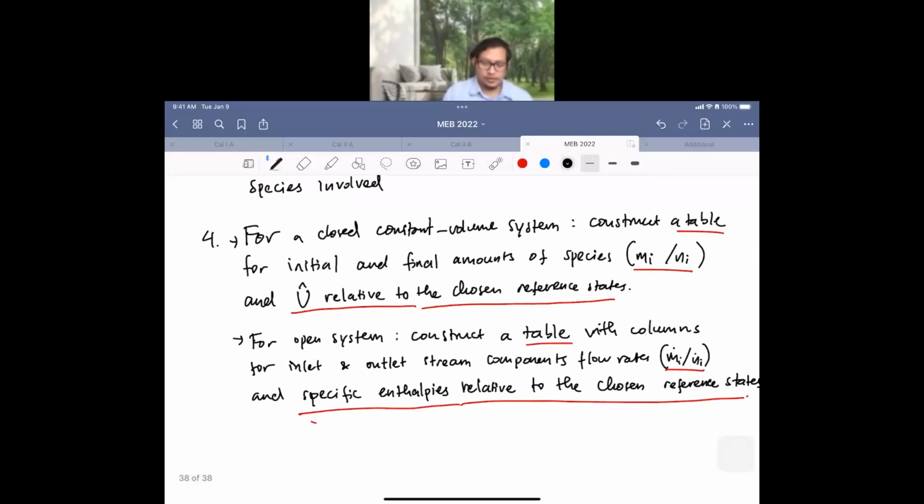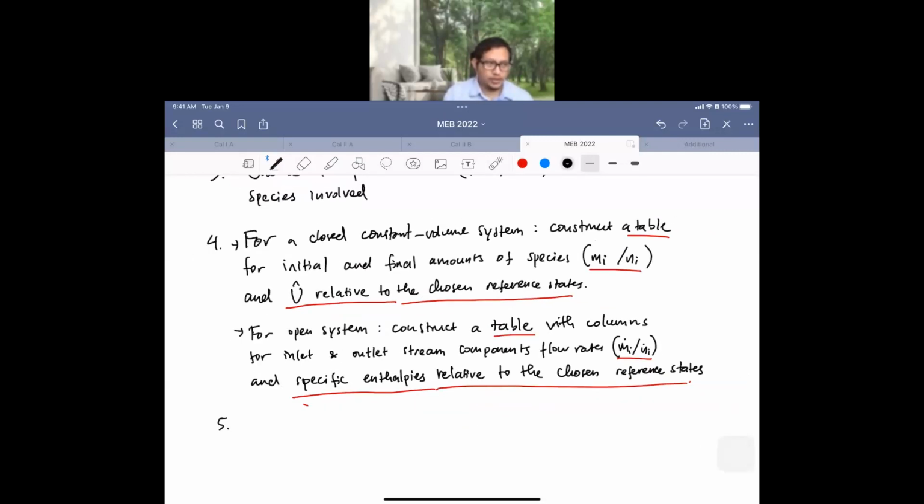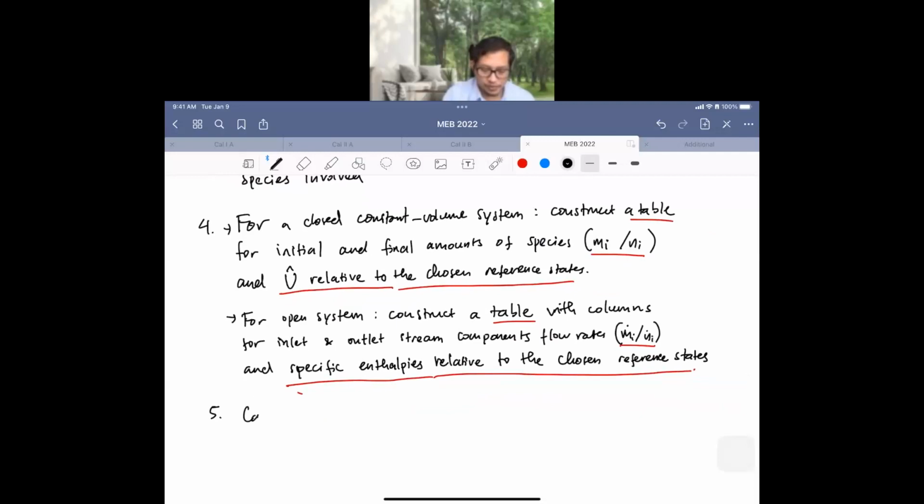So after we construct a table, then we calculate the required values for the specific internal energy or the enthalpy, and insert values.